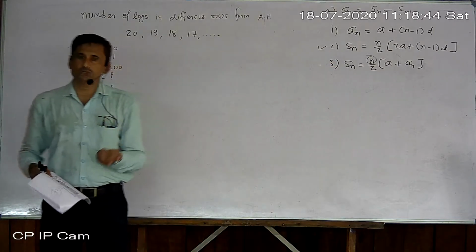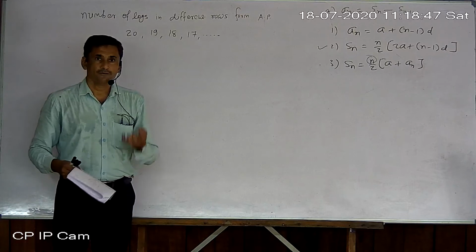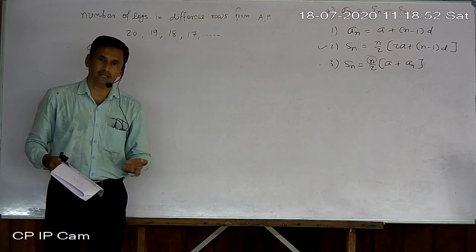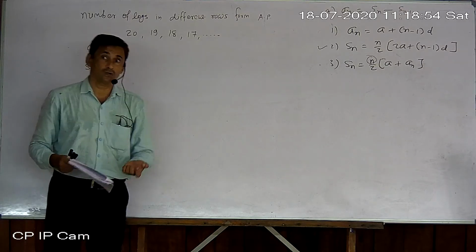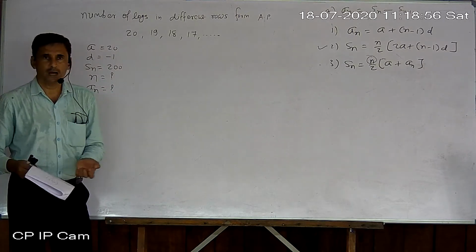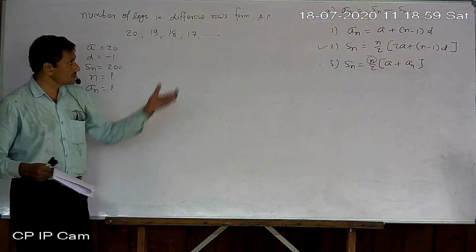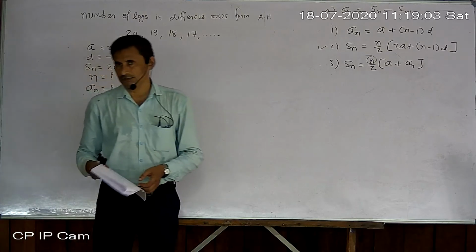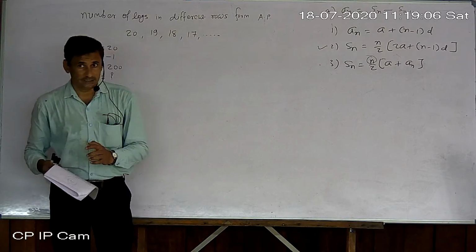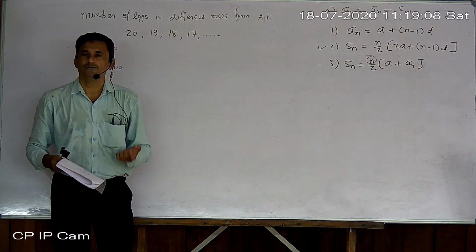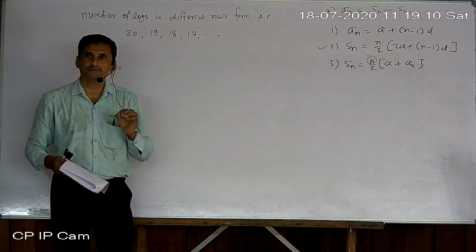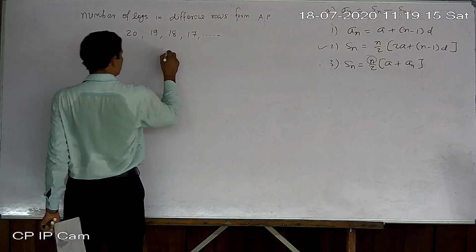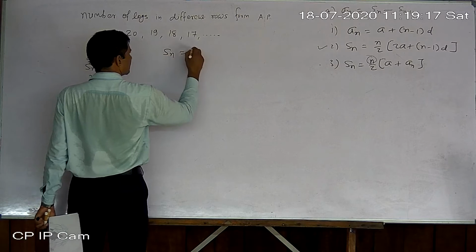And you also know, whenever we want to find n from the Sn formula, at that time we have to solve a quadratic equation, because after placing values in the Sn formula, we will have a quadratic trinomial. So we have to factorize it, and after factorization only we can get n's value. Okay. So now first of all we write the formula and place all the values.